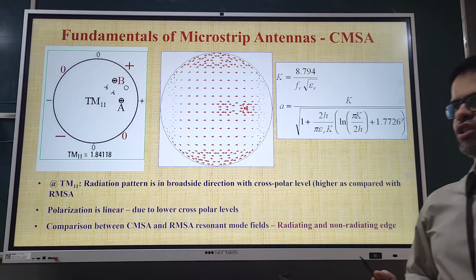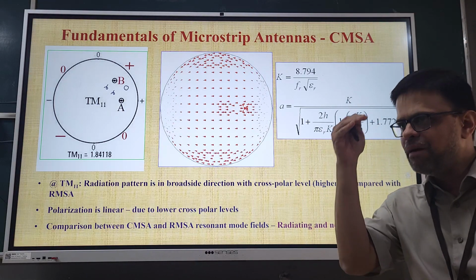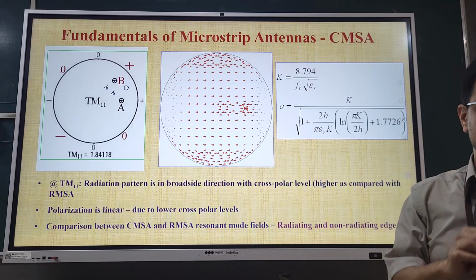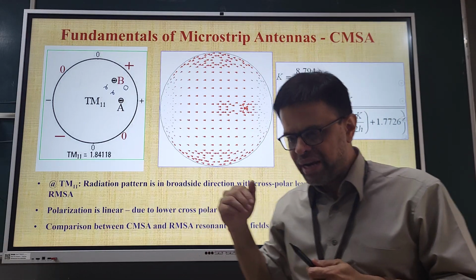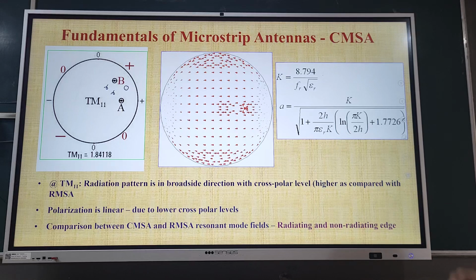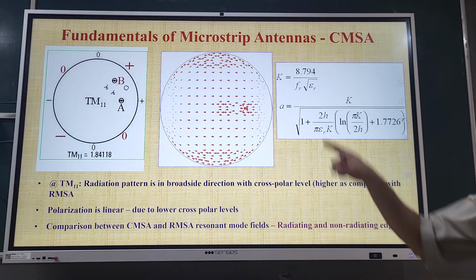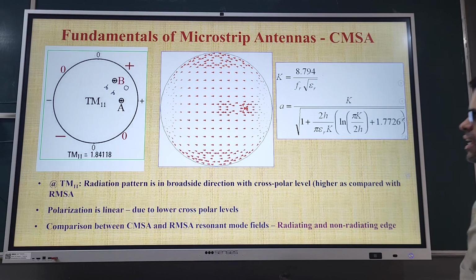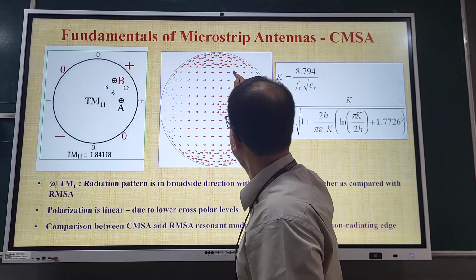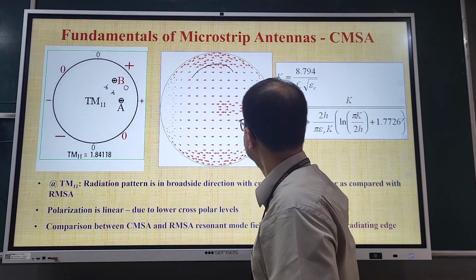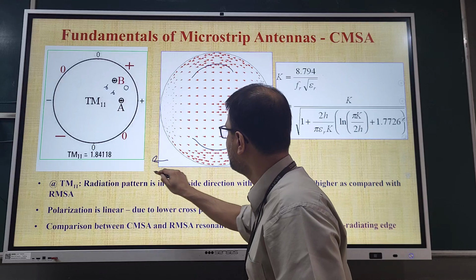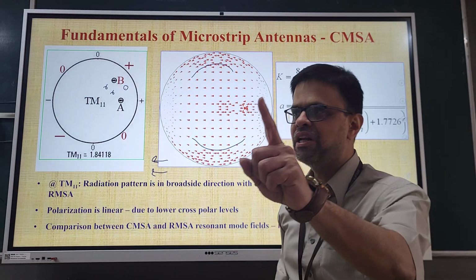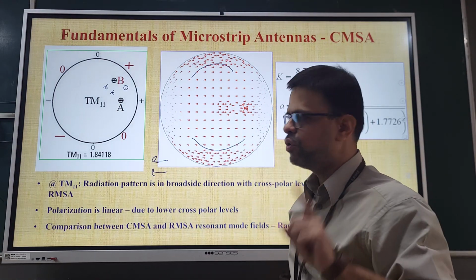In the previous lecture, for comparing RMSA, CMSA and ETMSA, we said RMSA has the lowest cross polar, whereas ETMSA has the highest. But look at the current distribution of CMSA. In case of CMSA also, the currents are moving like this. In case of RMSA, the currents were completely one directional in nature for the fundamental mode.